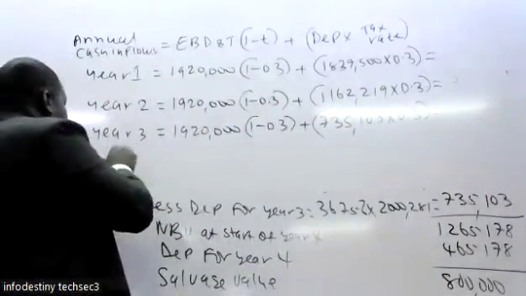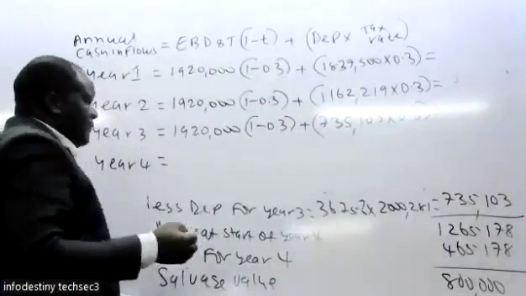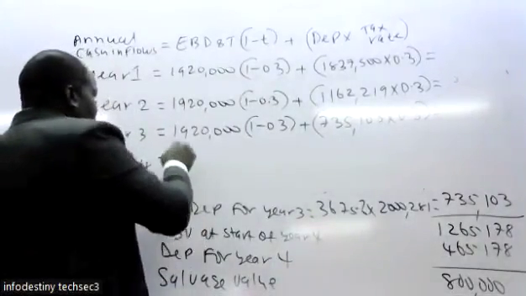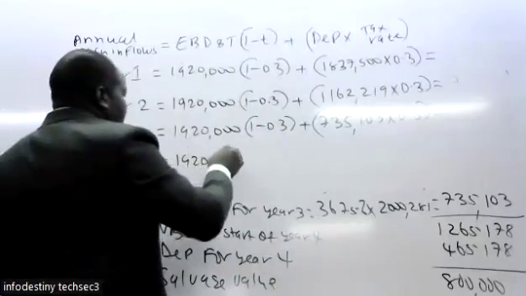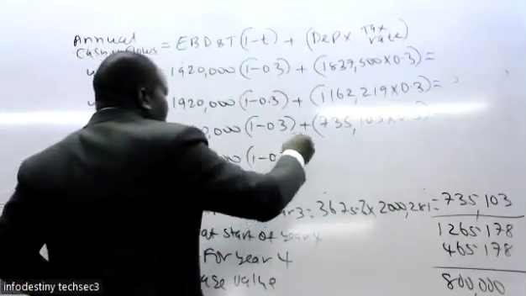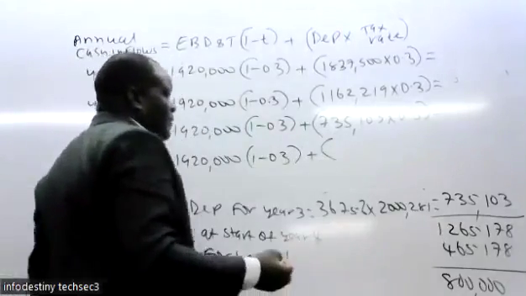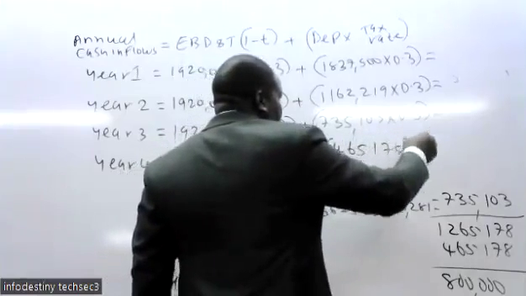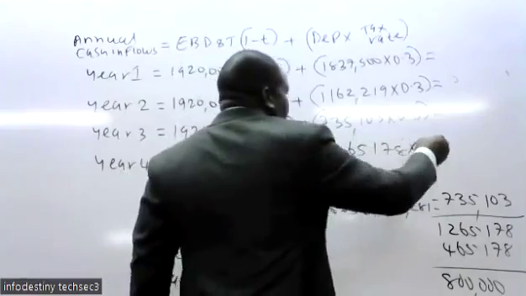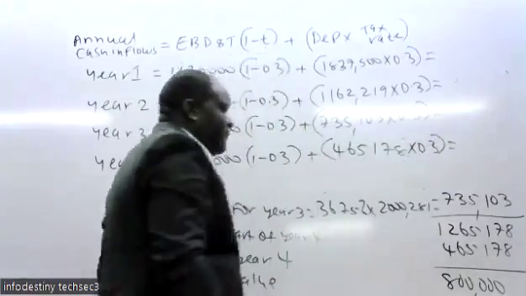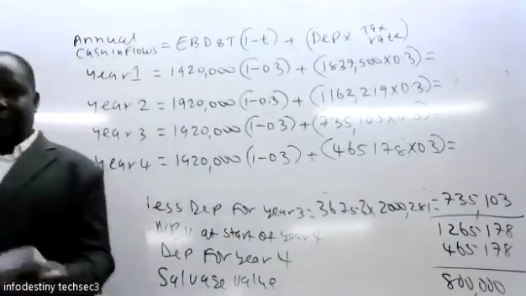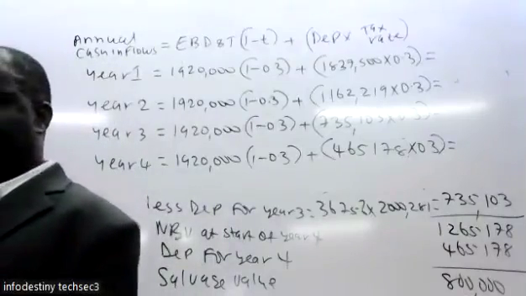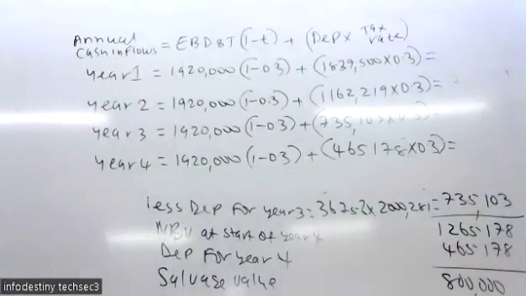Also do the same for year 4. Year 4 also get 1920 times 1 minus 0.3. You also take 465,178 multiplied by 0.3. So that is now your Roman letter 4, where you get the annual net operating cash flows for each year.